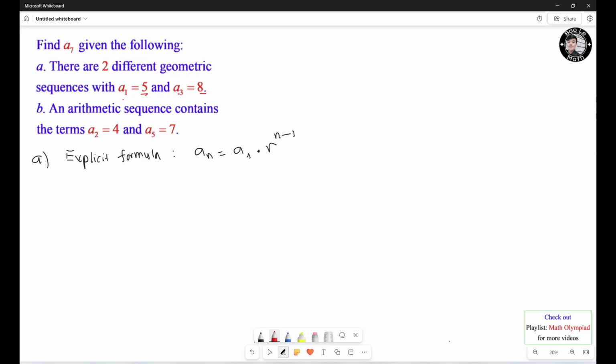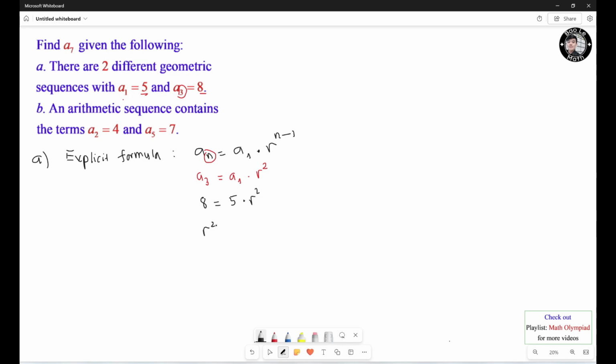Alright, so substitute 3 for n right here. Alright, so we have A3 equals A1 times R to the 3 minus 1, which is R squared. Alright, now A3 equals 8. A1 equals 5 times R squared.